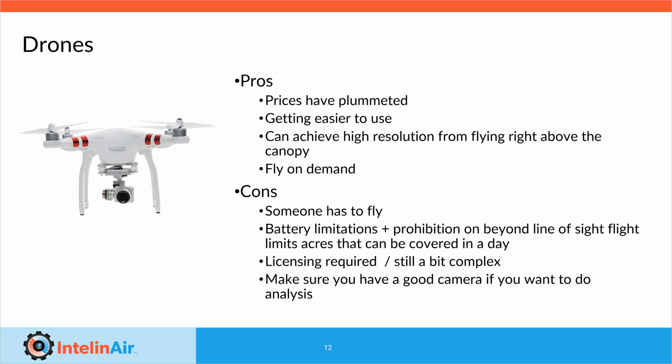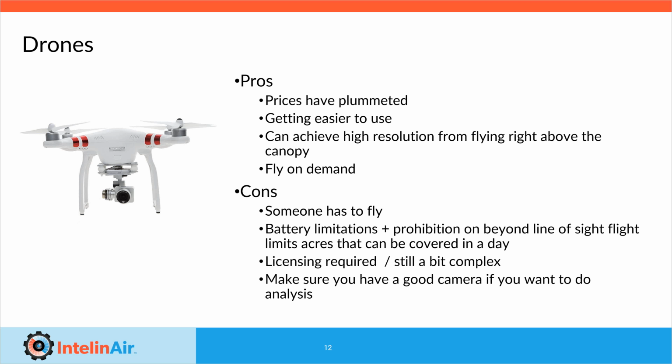Drones are getting, of course, more and more common these days. This image shows probably the most common drone of them all, the DJI Phantom. Prices have come significantly down. They're getting easier to use. There still can be some challenges there, but they are getting easier to use.